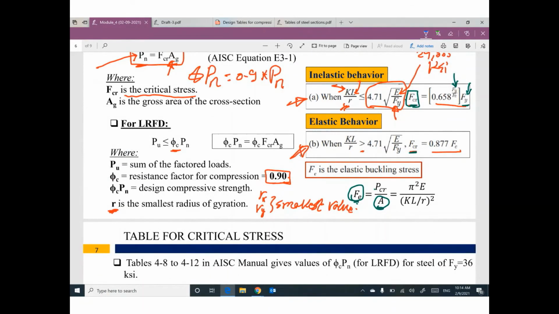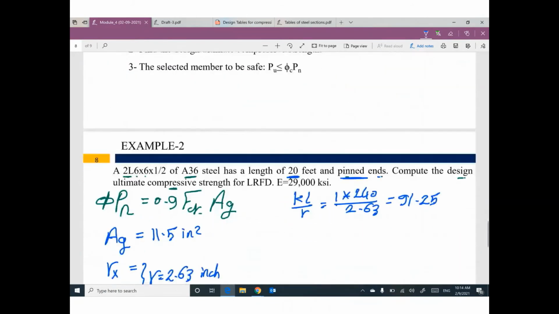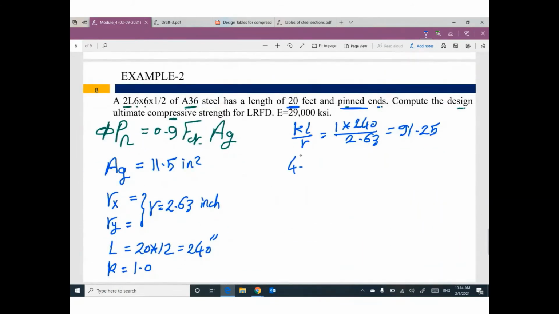4.71 square root E divided by F yield equals 4.71 square root. The value of E is 29,000. The value of F yield, because you have steel A36, F yield equals 36 KSI.